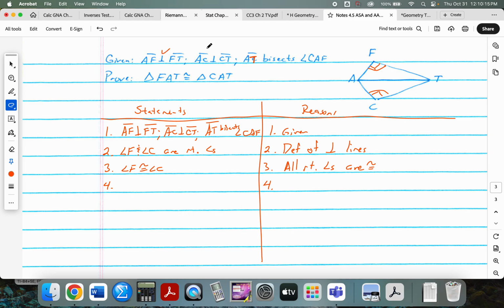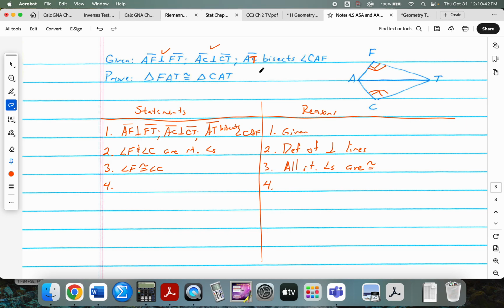So I've used these two parts of the given. I haven't used this part yet: AT bisects angle CAF. I haven't used an angle bisector in a while. What does an angle bisector do to an angle? I'm sorry, I'm hearing two or three things at once, and my brain won't do it anymore. What did you say, Lexi?